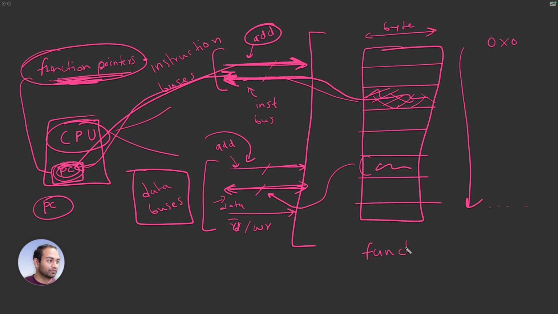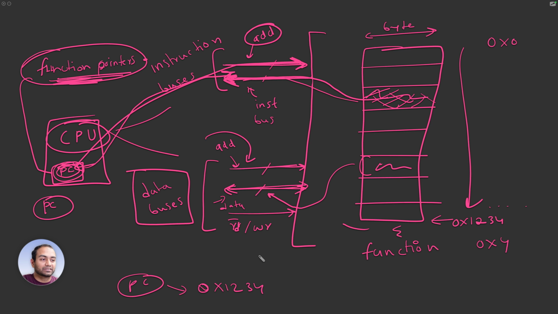Let's say the function pointer is holding the address hex 4, for example, and our program counter was pointing to the location, let's say hex 1234. What it means is the CPU was fetching instructions from the location 1234, right?